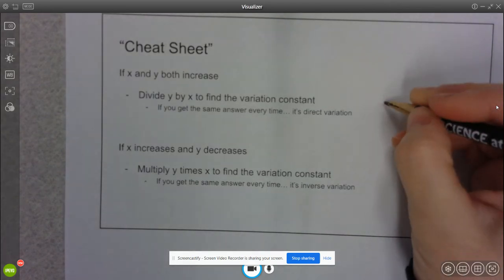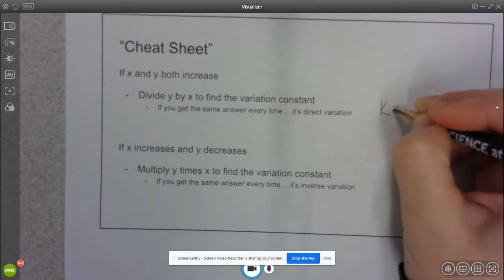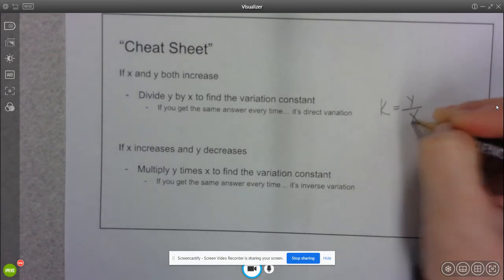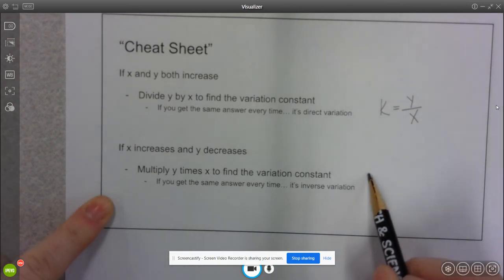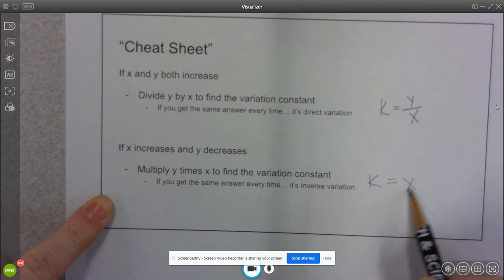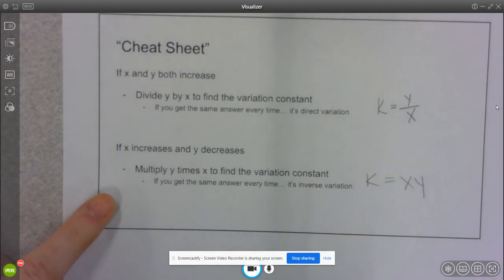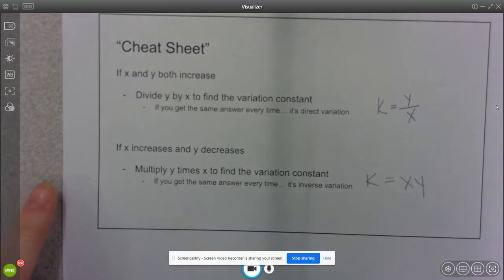And what I'm doing is k equals y divided by x. That's what I'm using to try to find k. If x goes up and y goes down, or vice versa, then I'm going to do k equals x times y. And if I get the same answer every time, then it would be inverse variation.